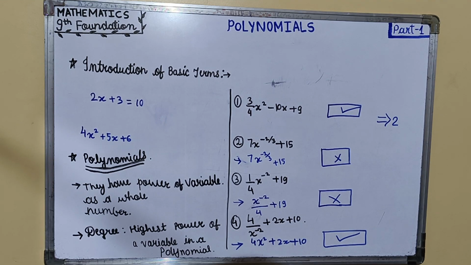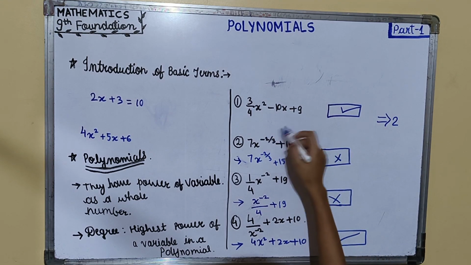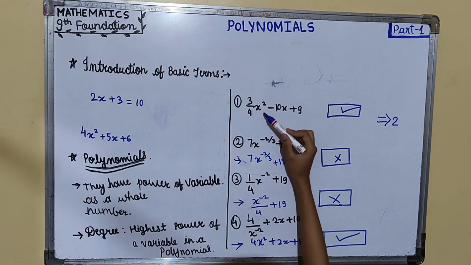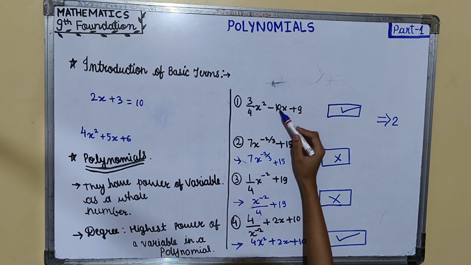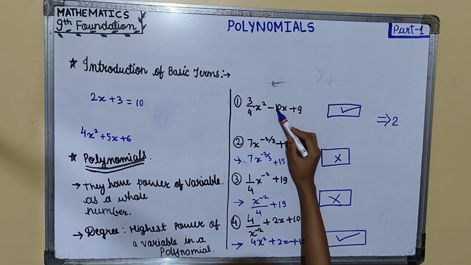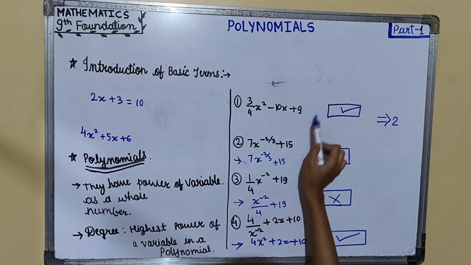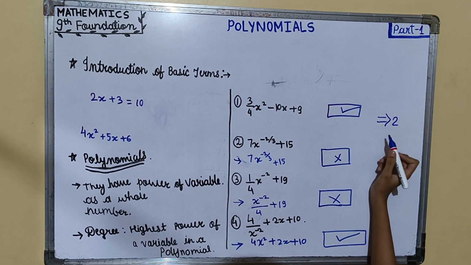Now we have to find the degree of the polynomial. You can't say that for 3 by 4 x square, the degree is 2. Yes, you can't say like that. If we take minus 10x, you can't say that the degree is 1. This degree represents the whole polynomial, not only one term.